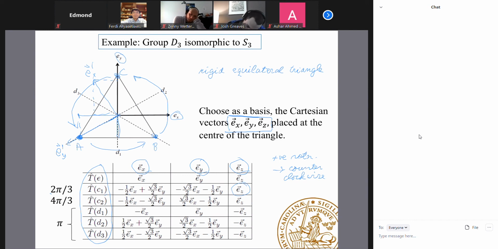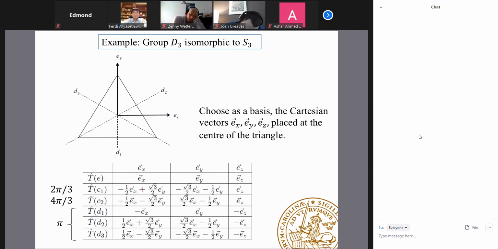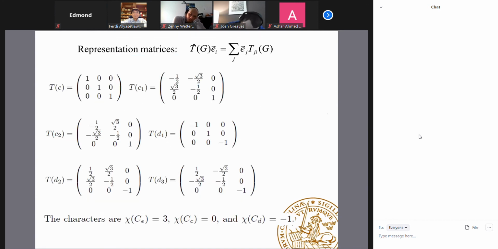Okay, so we have these transformations of the basis functions. Now we can construct the explicit representations based on this basis. If I apply a symmetry operation on a basis vector, there will be a linear combination of the others.